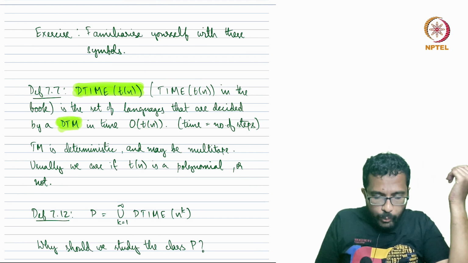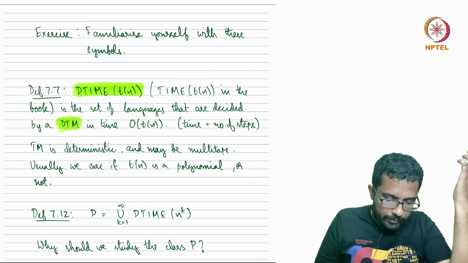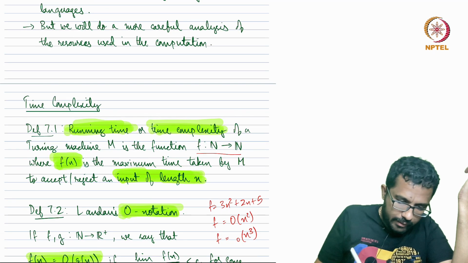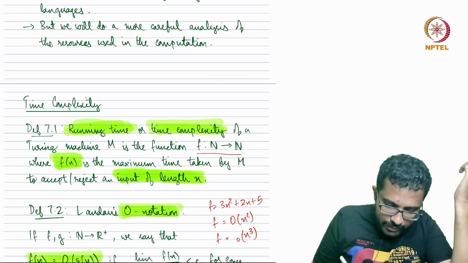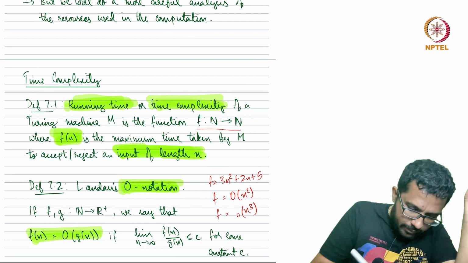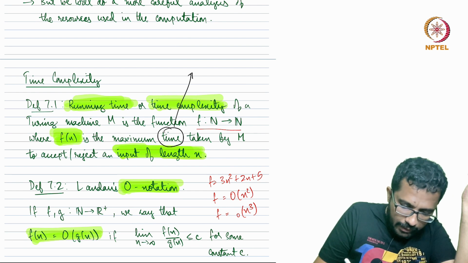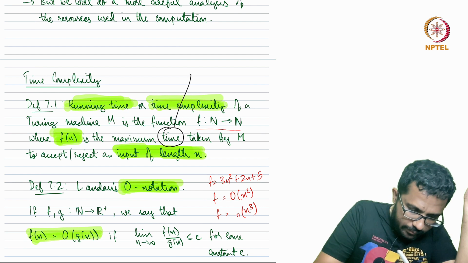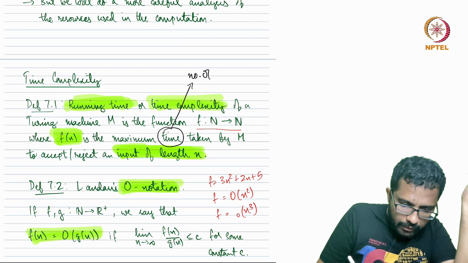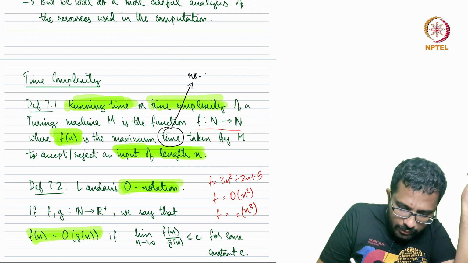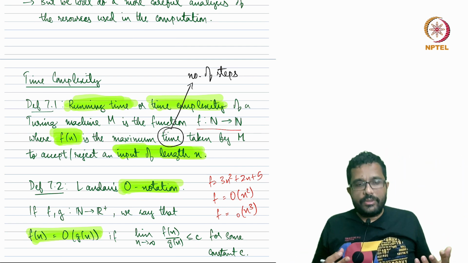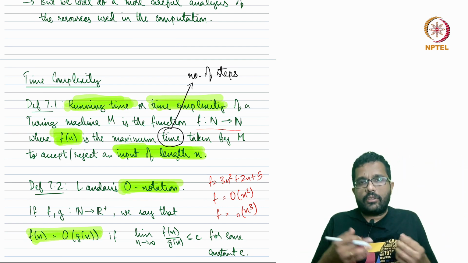Okay, and when I say time, we have not yet defined time. Even here the word time came in. So when I say time, what I mean is, I'll just highlight here, time, by time I mean number of computational steps, because we have only been dealing with the Turing machine, so we know there is no measure or clock that is there.